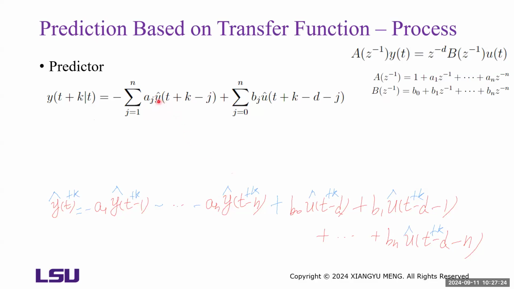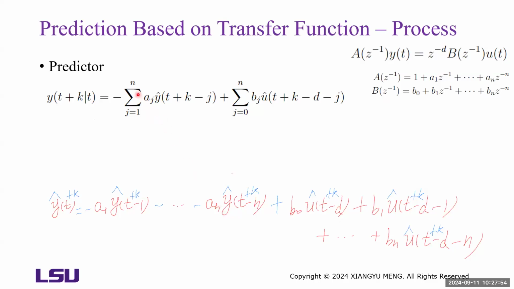The first term: when j is 1, we have t plus k minus 1. The subscript 1 will always be the same as this minus 1, up to n minus n. So we have a_j with t plus k minus j, and j is from 1 to n.